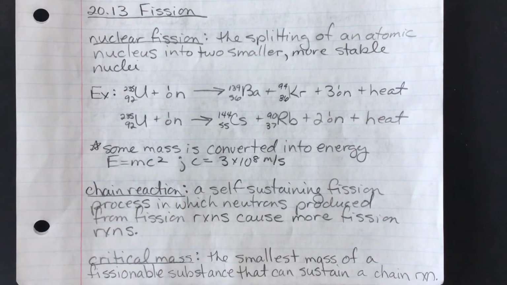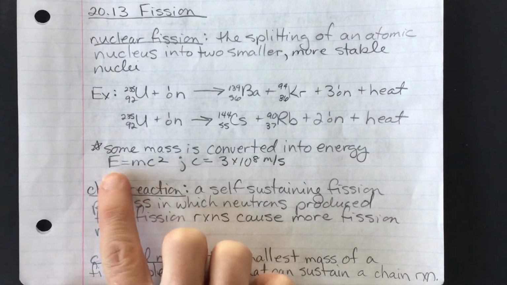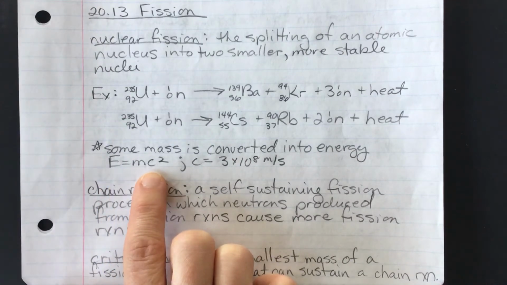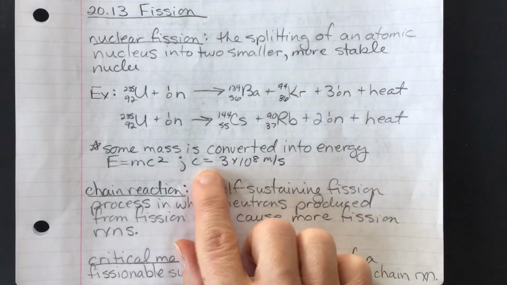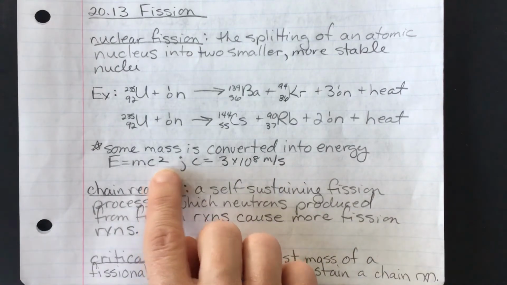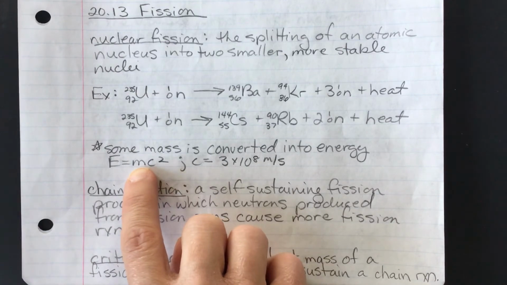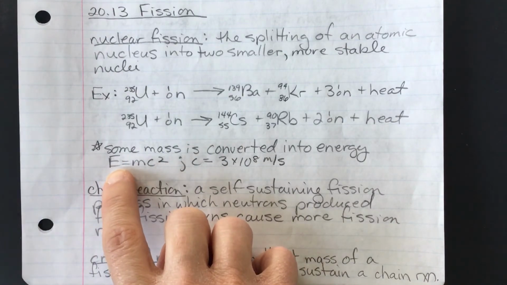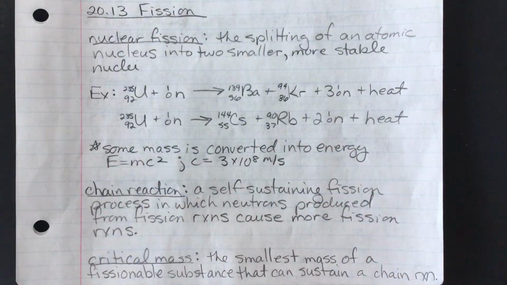And we can take a look at Einstein's equation of relativity, E equals mc squared, and this is where that applies, because c is the speed of light. So if you square the speed of light, which is already a really big number, and you have a very small mass, you can still get a lot of energy from it. And so that is what we see with nuclear fission.